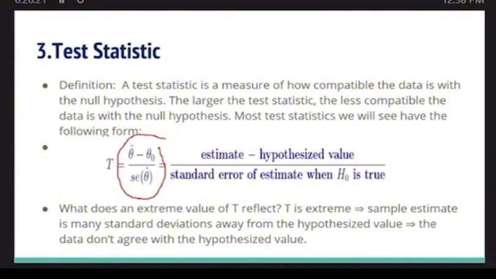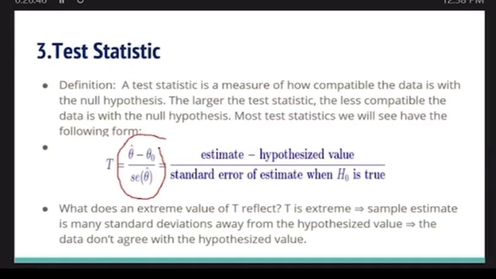Now, what does an extreme value of t reflect? You know what we mean when t is extreme. The sample estimate is many standard deviations away from the hypothesized value. Don't forget, if this is extreme, it is so many standard deviations away from the hypothesized value.